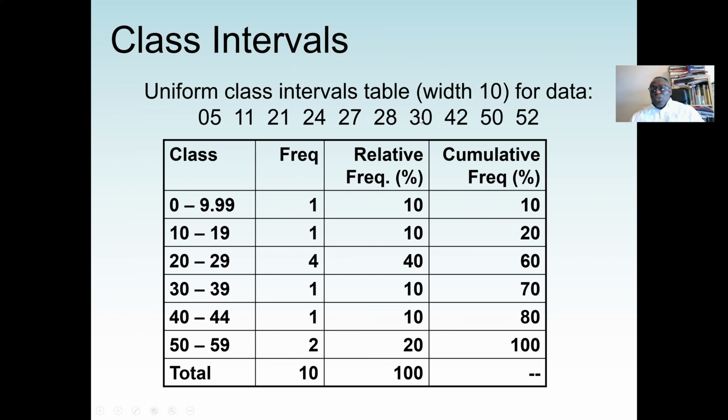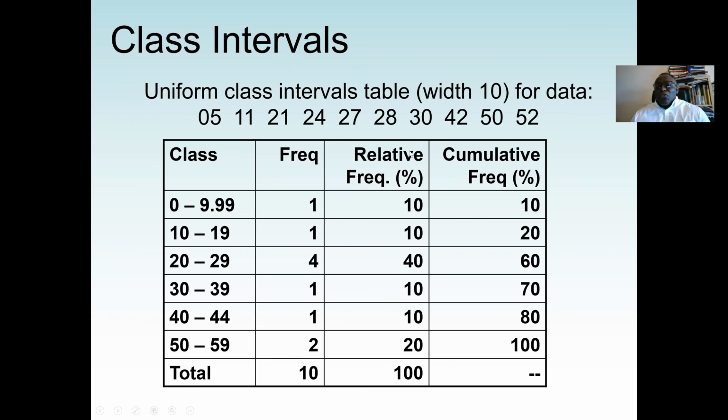Then 40 to 49, it's supposed to be 40 to 49; that was a mistake earlier. The class width has to be the same, so 40 to 49 stays at 1, because we have only one value in the 40s. Then 50 to 59, we have 50 and 52, so it's 2.